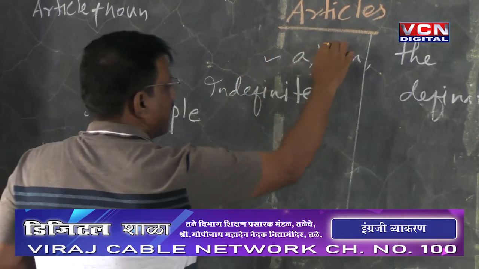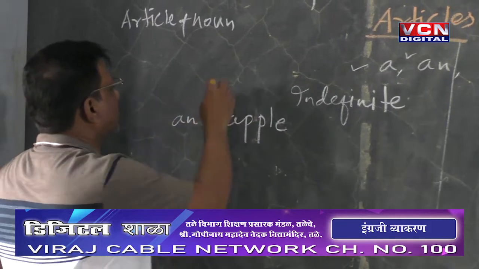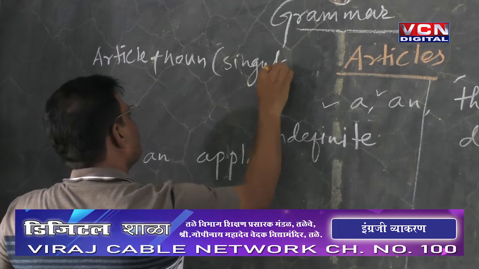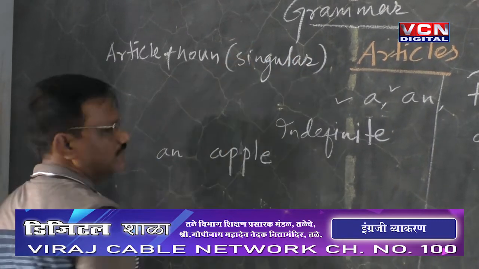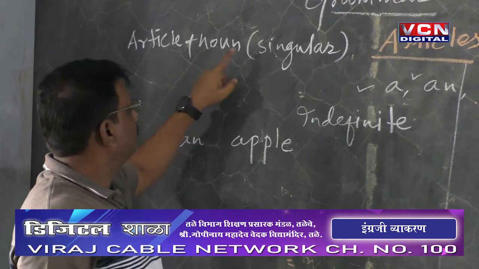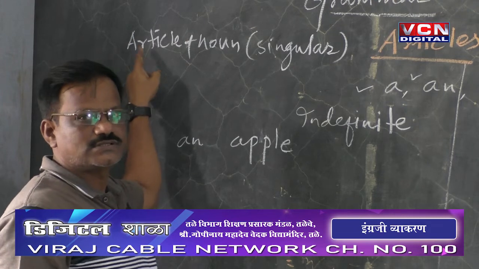These a, an or the are always used before a singular noun. So what kind of noun? A singular noun means one which is counted as one. When there is a singular noun, articles are used before such nouns.